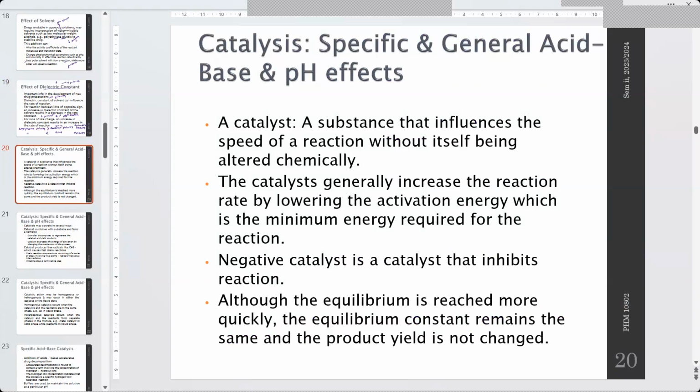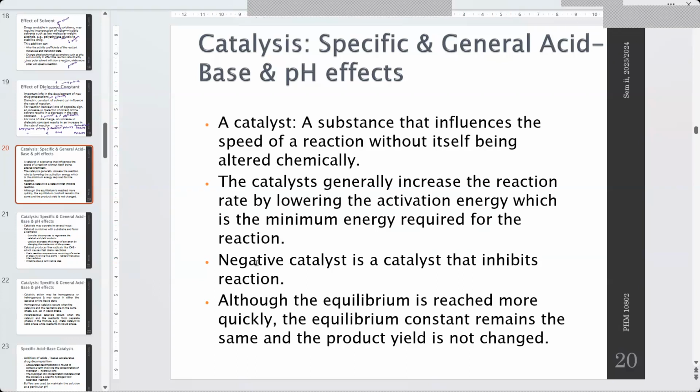So let's explain first what is catalyst. Catalyst is a substance that will influence the speed of reaction without itself being altered chemically. The catalyst generally increase the reaction rate by lowering the activation energy, which is the minimum energy required for the reaction. Once we just say catalyst, we mean positive catalyst, like in the definition here, will increase the reaction rate.